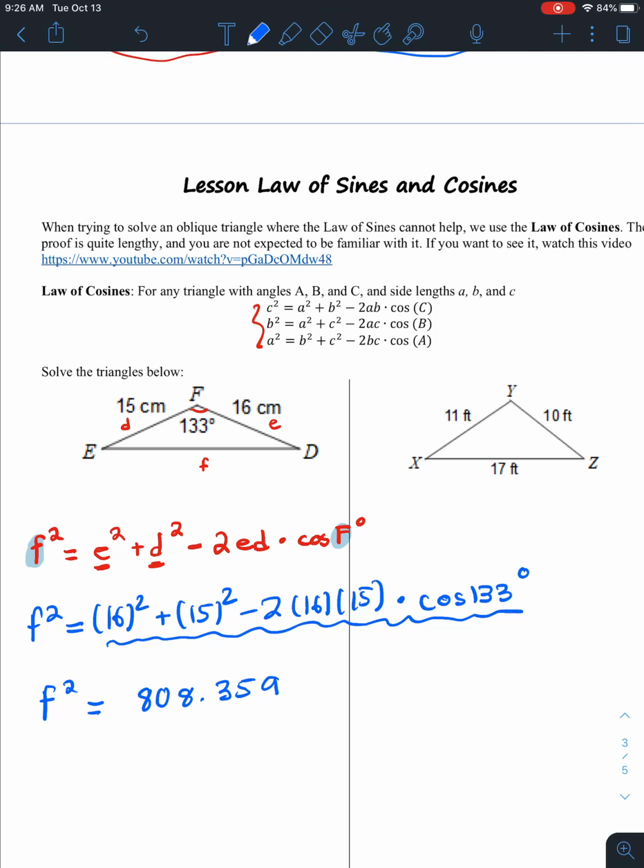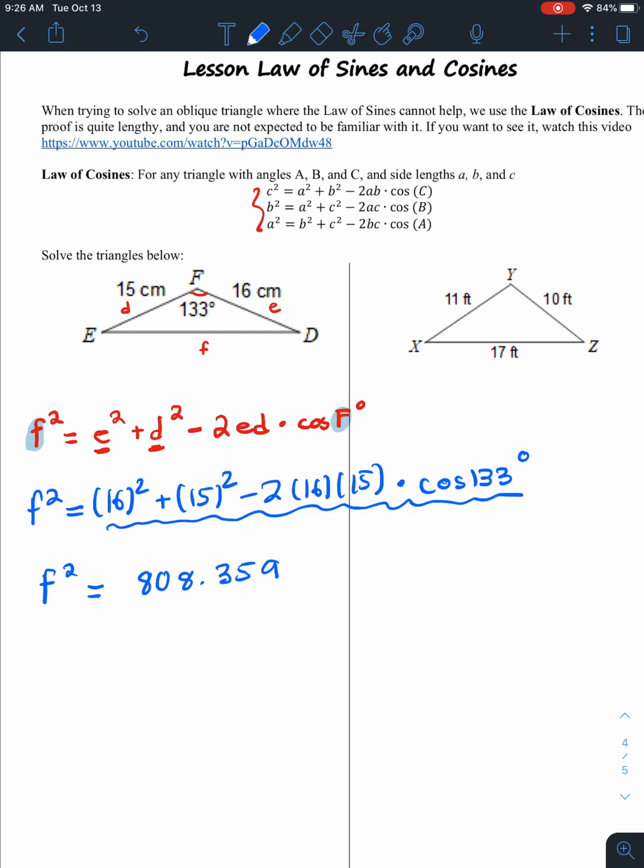But right now, I'm just really focused on setting the problem up. The way that you get F by itself is you have to remember the inverse of squaring something is taking the square root, and you get that F equals 28.432 meters.